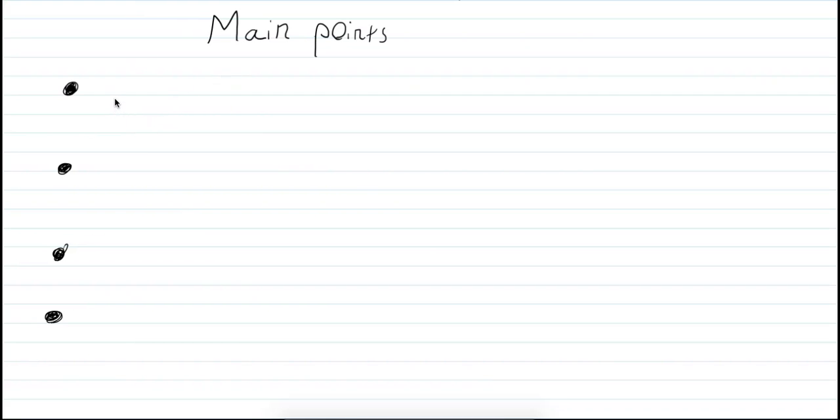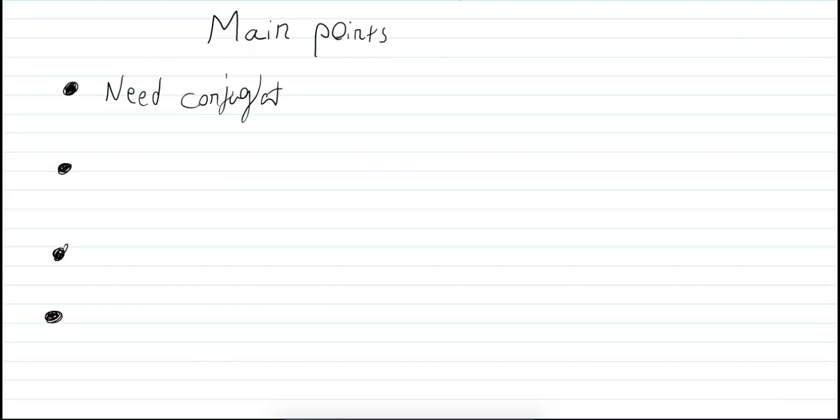Now there are 4 main points I want you to take home from this video. The first one is you need conjugate acid-base pairs. They have to be conjugate acid-base pairs of each other. If you don't have that, you're not going to have a good time. Next one is no strong acids or bases.